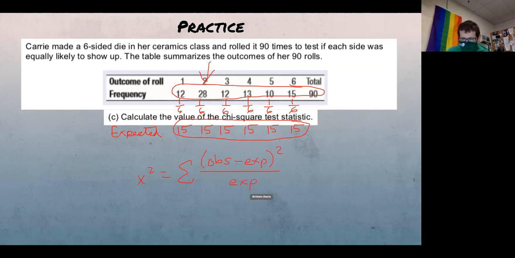We would have to calculate this 6 times and then add up all those chi-square values. So instead, to make our life a little easier, I'm going to take these 6 values here and put that into list 1. I'm going to take these and put that into list 2. And then I can do a chi-square goodness of fit test on the calculator.